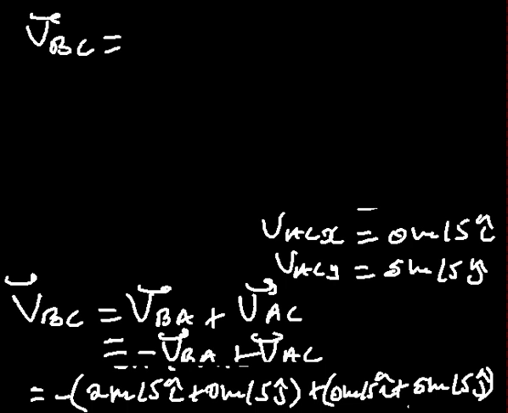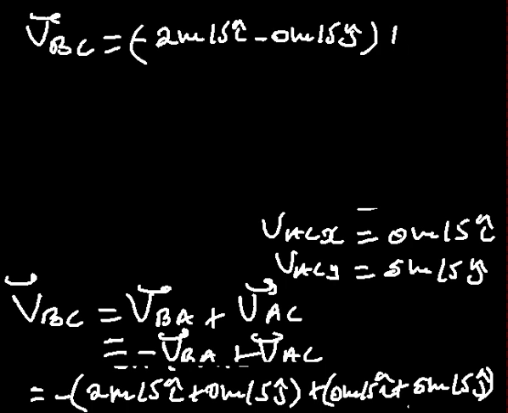And by the way, we have to distribute this negative inside. That will be given as negative 2 meters per second I, and negative 0 meters per second J. And plus, we have 0 meters per second I, and plus 5 meters per second J, like that.